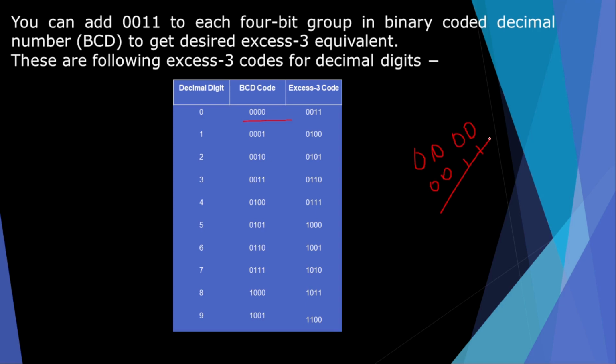You need to add this. So this is the step to find the XS3 code. This is one of the shortcut methods. Okay. So finally we will get the XS3 code for the 0 value.